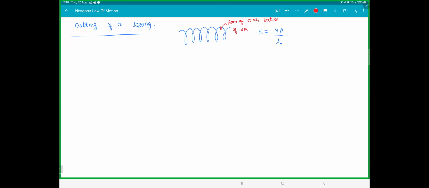It depends on the thickness of the wire you're using and the length of the spring. This Y is called Young's modulus, which tells you how strong the material is. We'll deal with that in a different chapter. So Y is the strength of the material.